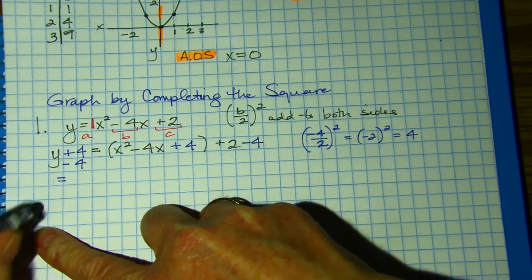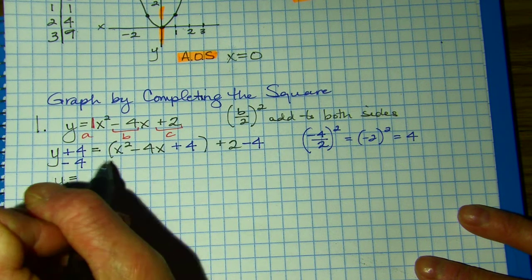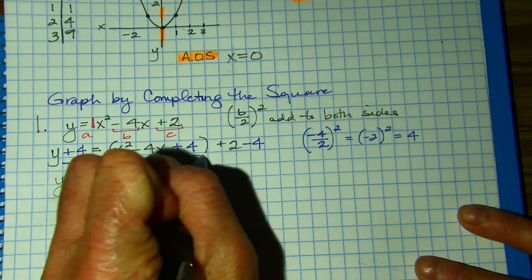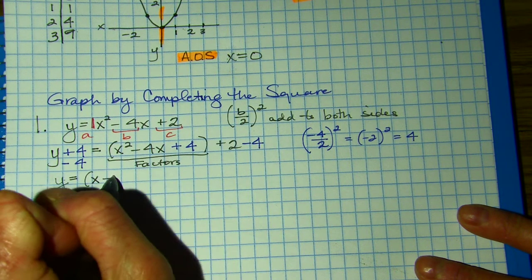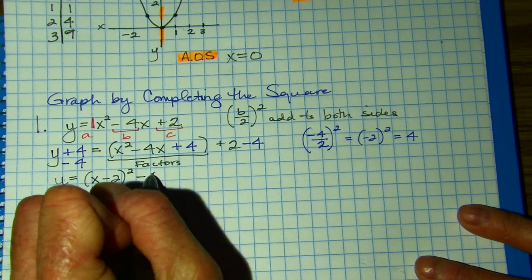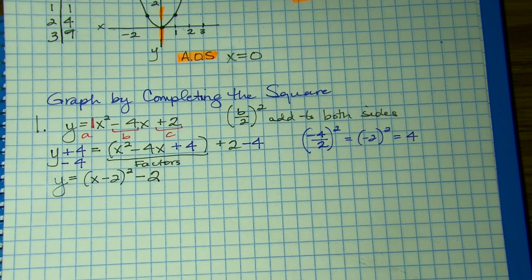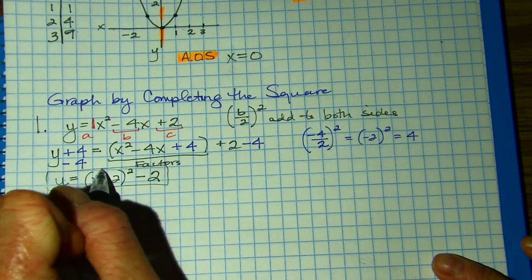So I have y equals, I'm going to factor this. This should have perfect factors, which are x minus 2 squared, and then 2 minus 4 is negative 2. So this is the form I'm going to graph it in.